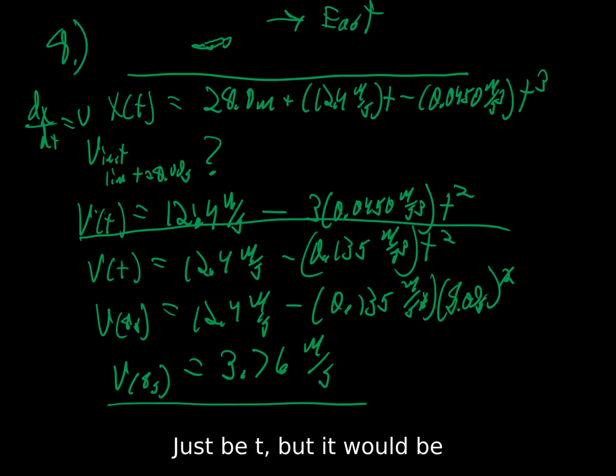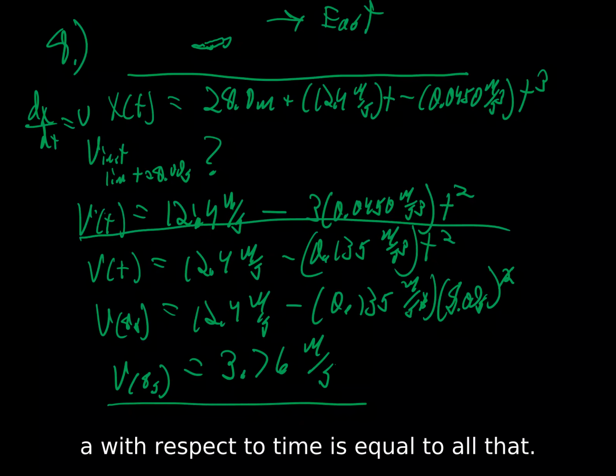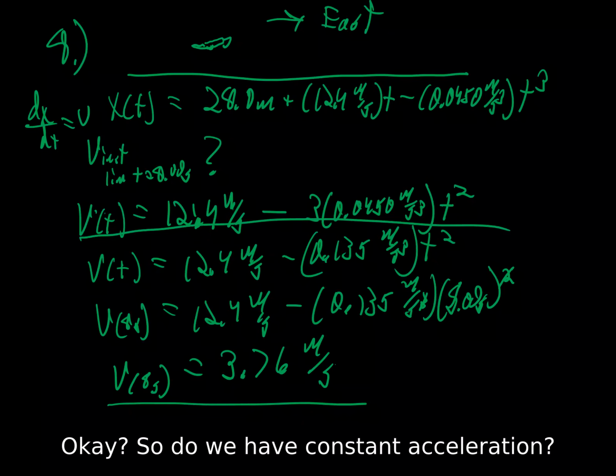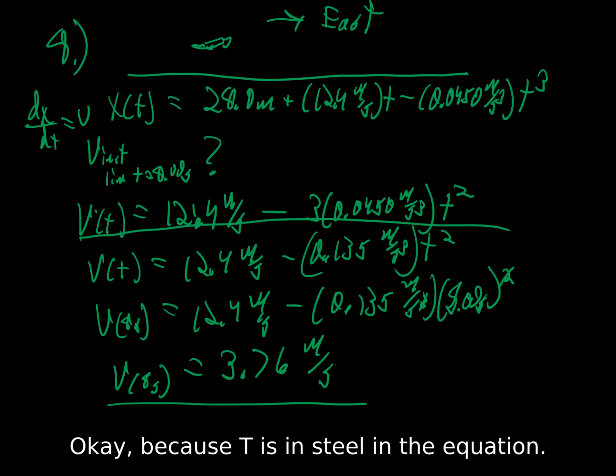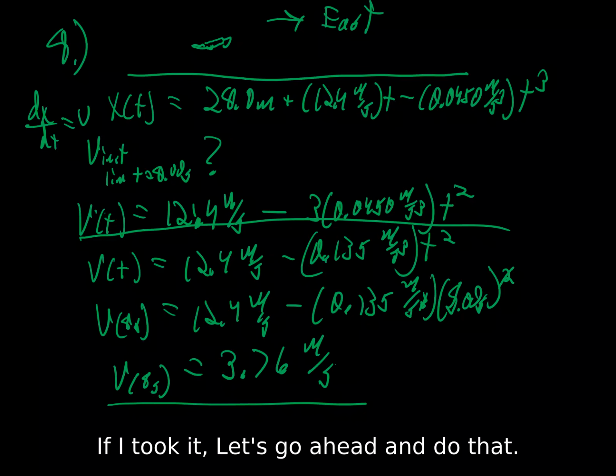It would just be t. So a with respect to time is equal to all that. Do we have constant acceleration? No. Why? Because t is still in the equation, right?